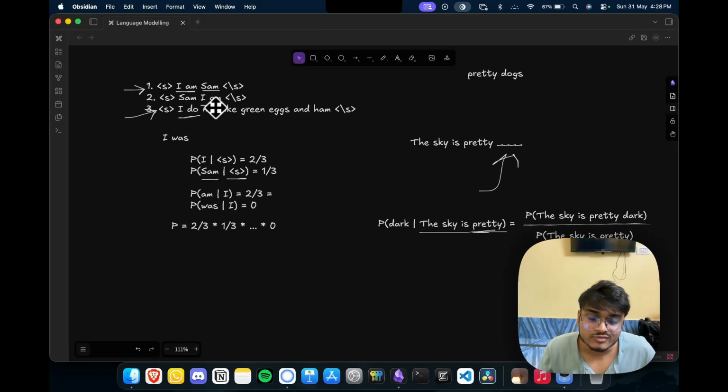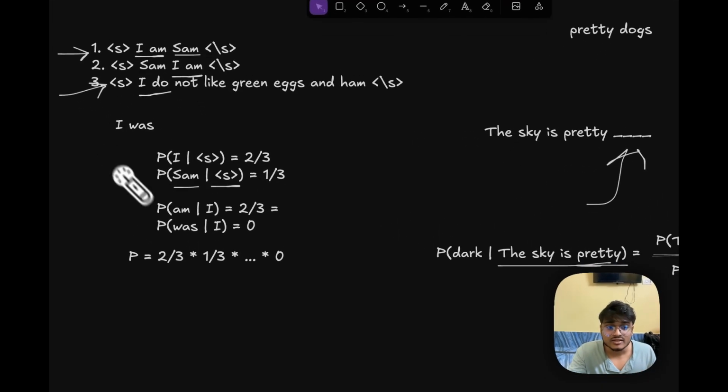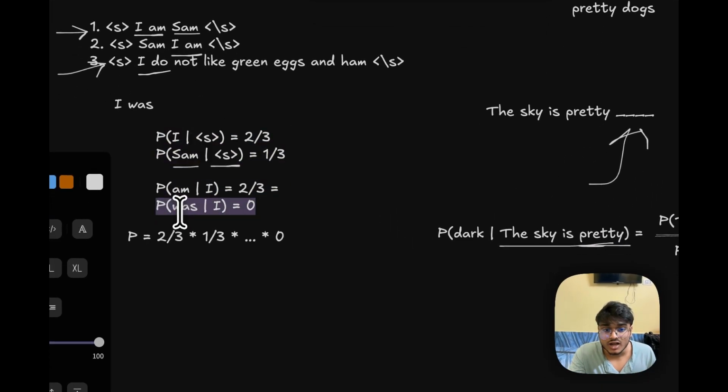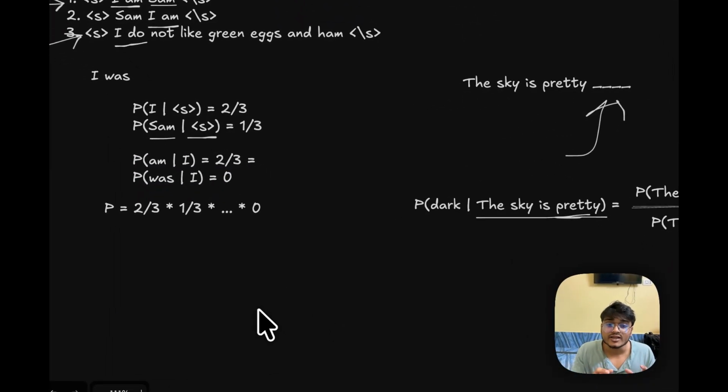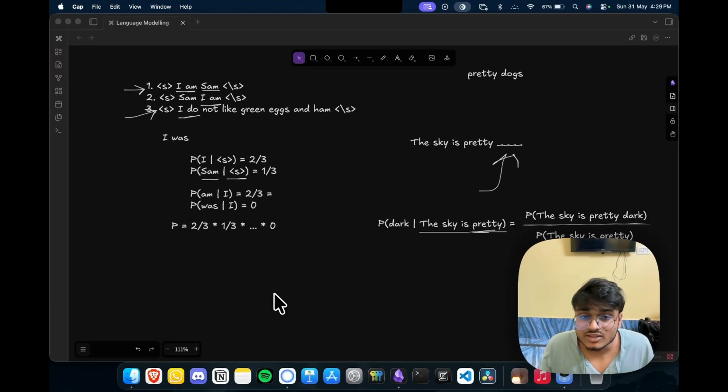But what if I wanted to find the probability of "was" coming after "I"? Here you can see "was" does not exist, and the probability of "was" coming after "I" is 0. But if we are getting something like 0, that is a problem, right? Because if we multiply it with 0, then the whole probability is 0. So we are not getting anything.